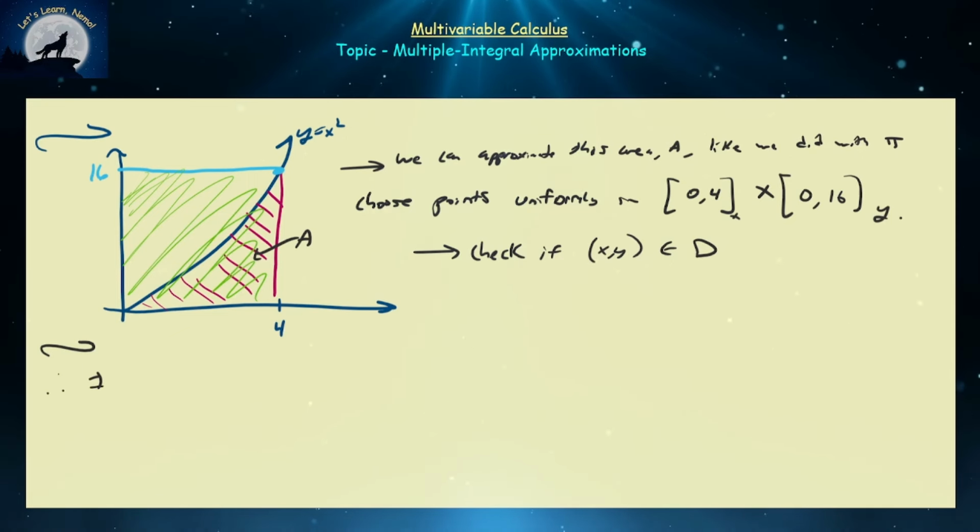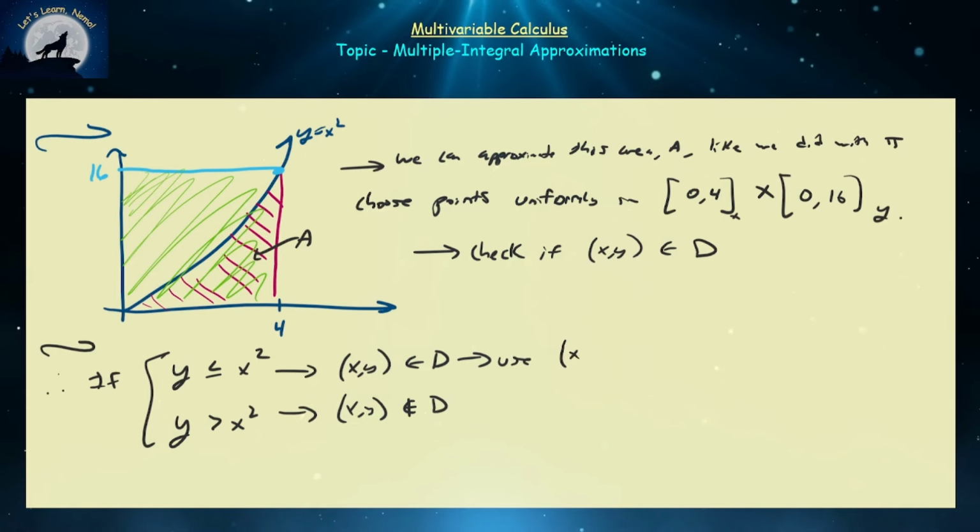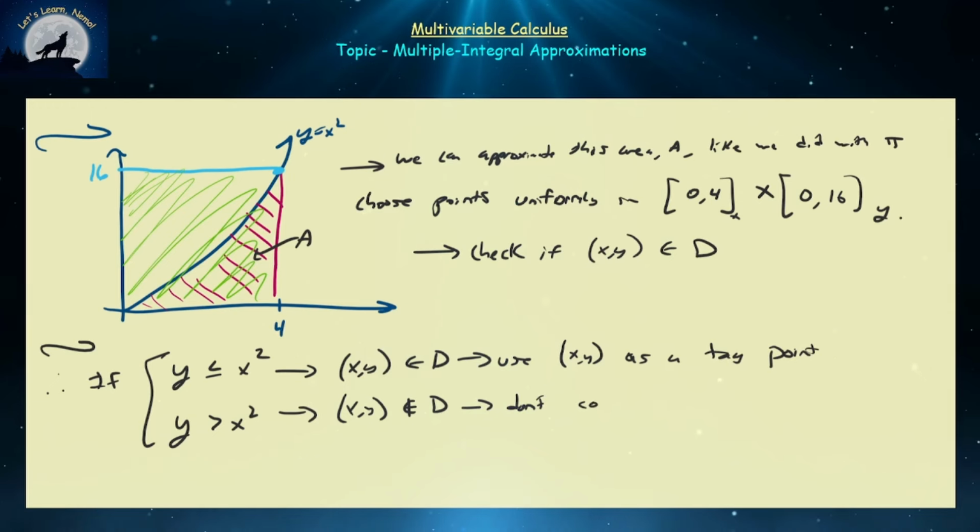So if y is less than or equal to x squared, this means xy belongs to our domain, and if y is greater than x squared, then xy does not belong to our domain. So that means we can use xy as a tag point to project for our heights. And if it doesn't belong to our D, don't consider it.